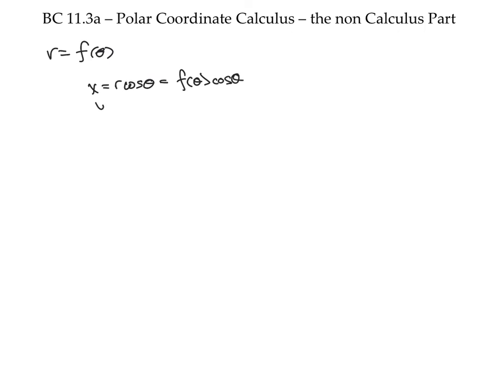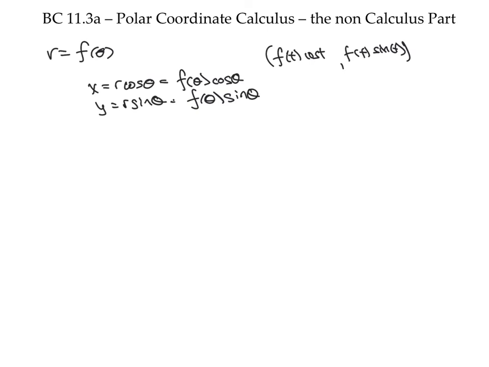And similarly, y is r sine theta, which is f of theta sine theta. So if I want, I can rename theta t, and I can graph it as f of t cos t, f of t sine t. Then because it's parametric, I can do things like animate, etc.